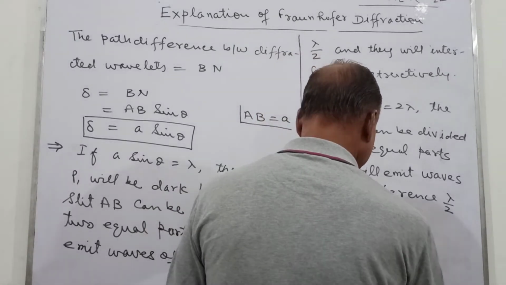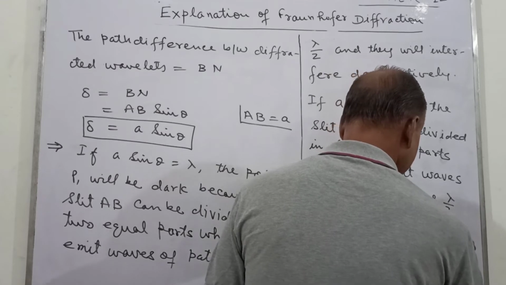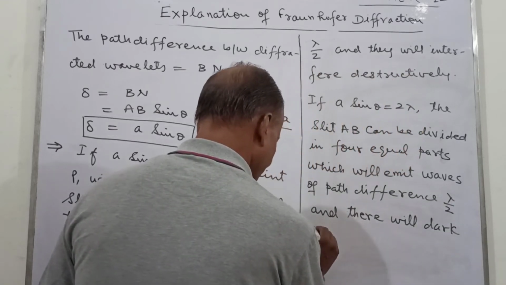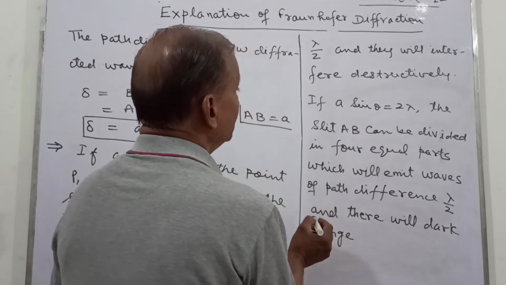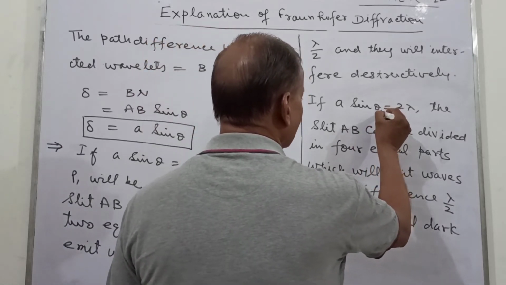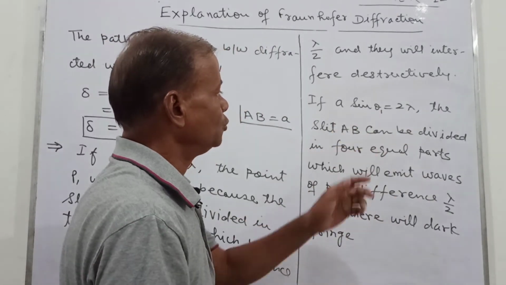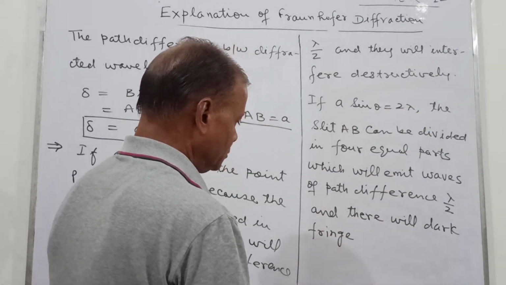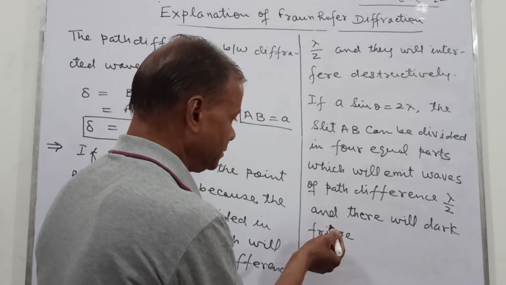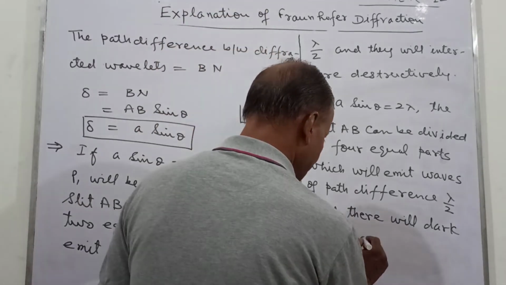We are taking a sin theta equal to 2 lambda, so there will be a dark fringe on the screen.